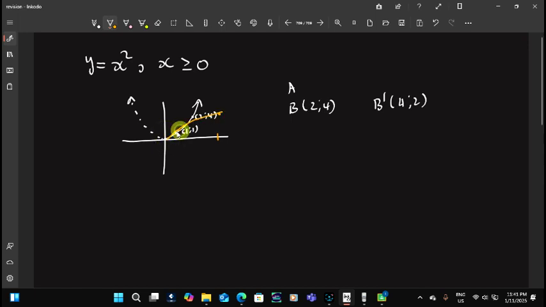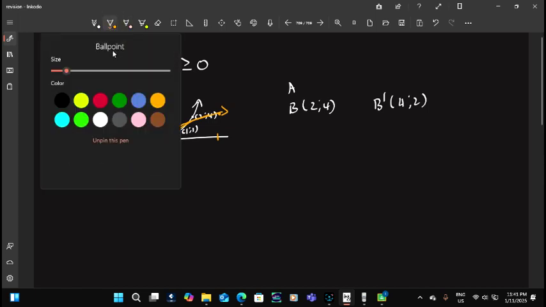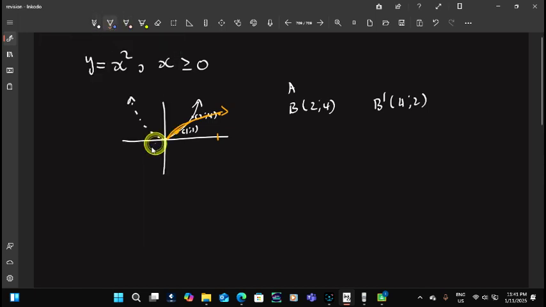And 1 mapped to 1 is still there, so we would have the inverse being like that. Why is it above like this? Remember that when you are doing an inverse, you are reflecting the original graph about the line y equals x, like that. This is how the inverse will look.